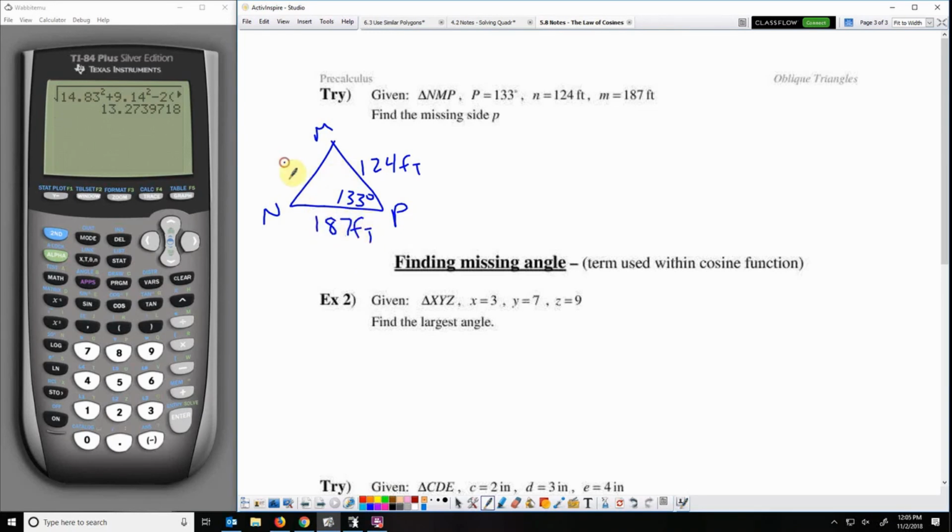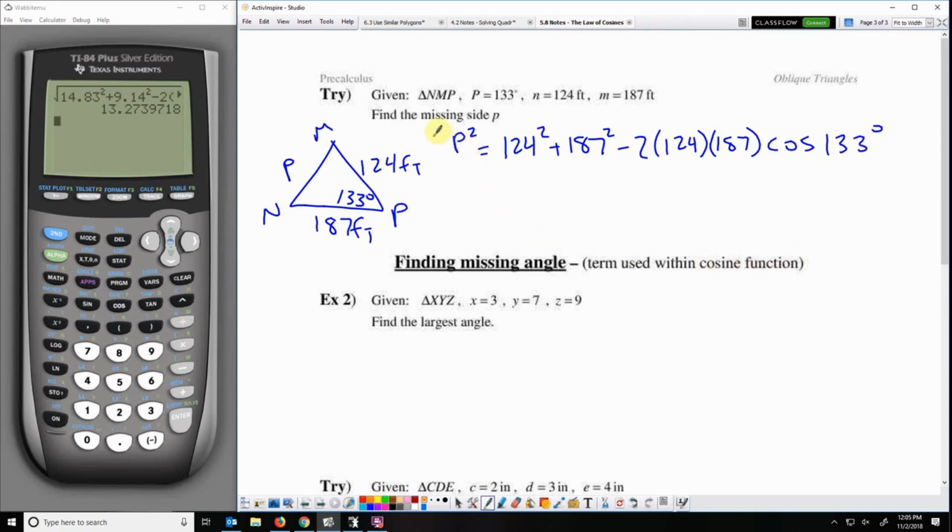Find the missing side P. So we've got side P squared equals the other two sides squared, 124 squared plus 187 squared, minus 2 times the product of those sides, 124 times 187 times cosine of angle P, 133 degrees.